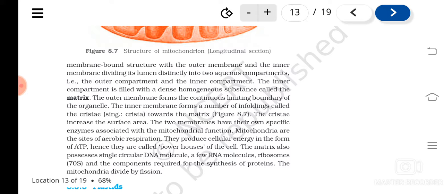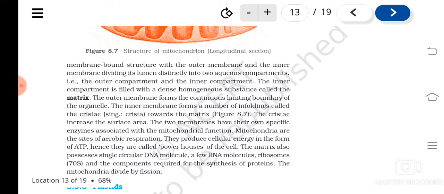After digestion of food, it will be absorbed and taken to each cell by the blood. From the blood, the cell will get the glucose. This glucose will enter the cell.